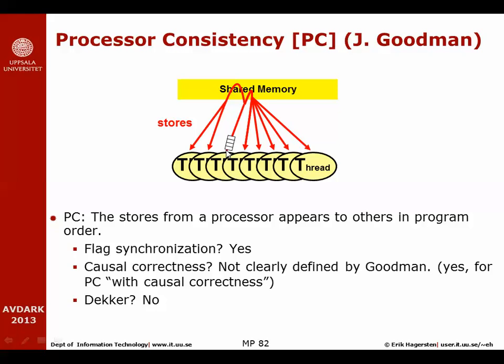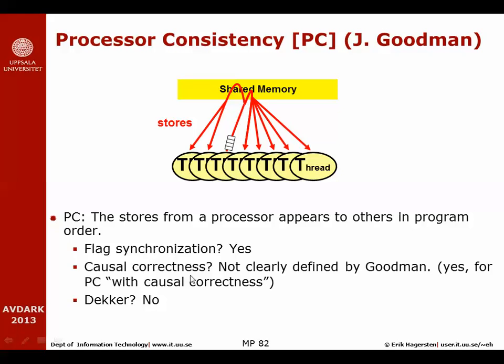It says that all the stores that are performed from a specific process, so we're just looking at all the stores done by one of these threads, all appear in exactly that order all over the system. So flag synchronization works because both flag and A are written by the same processor.